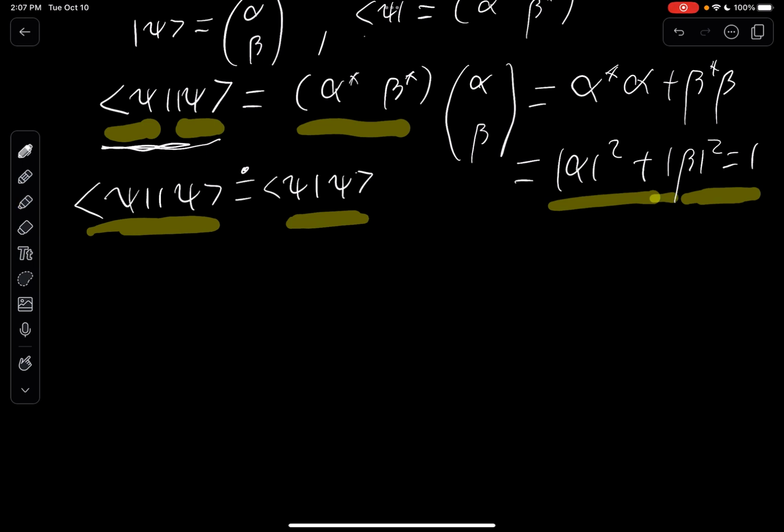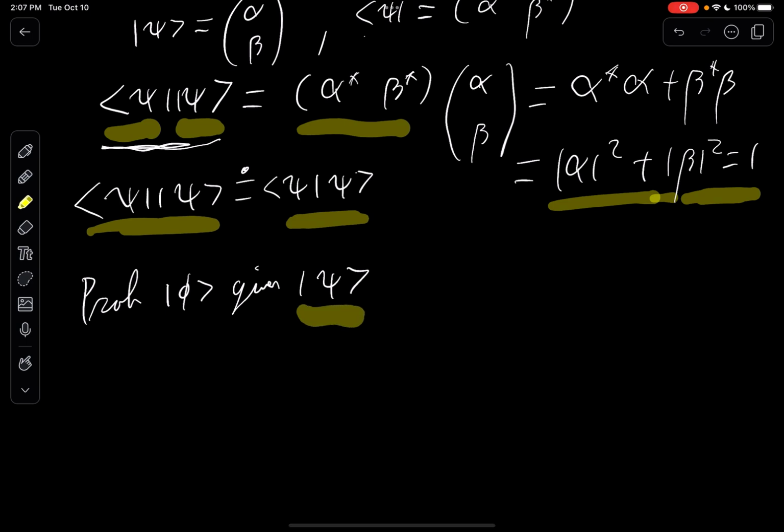In particular, when we perform a measurement where we ask, are you pointing in a certain direction, given a certain state, we can phrase it as follows. What's the probability that we observe some state phi given that we have psi? So I have this state psi, and now I'm going to measure, are you phi?